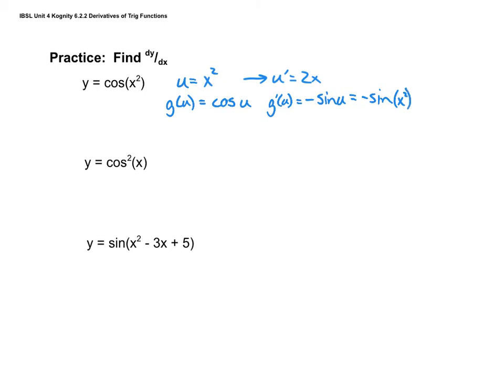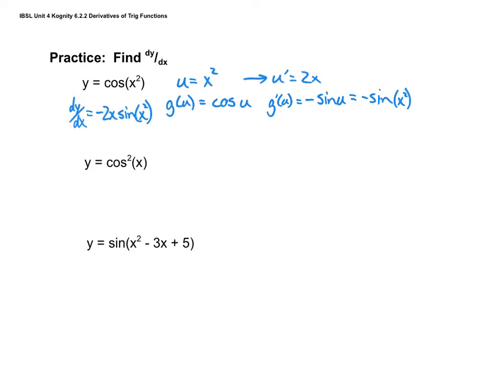And now we simply need to multiply the two things that we just found together, and that will give us dy dx equal to negative 2x sine of x squared. We simply took the negative sine, multiplied it by the 2x, and we get our derivative.